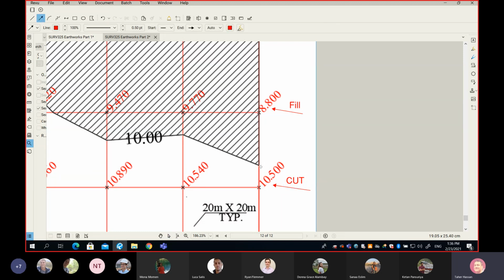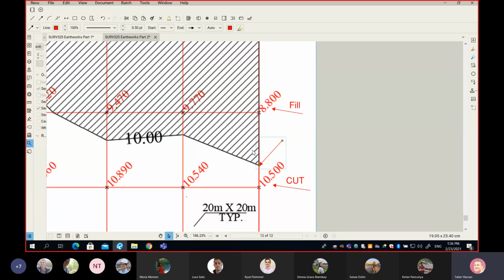If at one point along this line the elevation is 10 in the existing ground, and the finished ground is 10 as well, it means I have no cut, no fill. Would you agree? So if I find along this line a point that has elevation 10, what's special about 10?